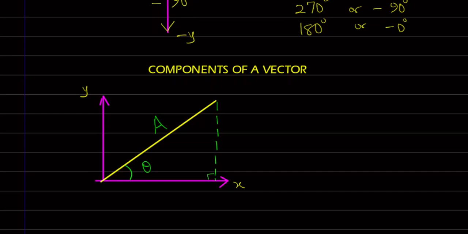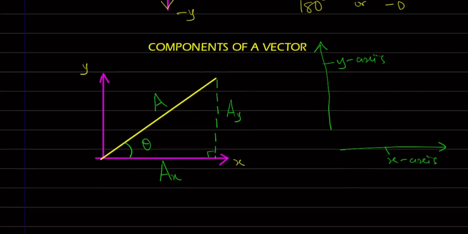Then we can split this vector A. This is going to be AY, the vector along the y-axis, and this one will be AX, the vector along the x-axis. The vertical line is the y-axis, which is the vertical side, and this line is the horizontal axis or x-axis.